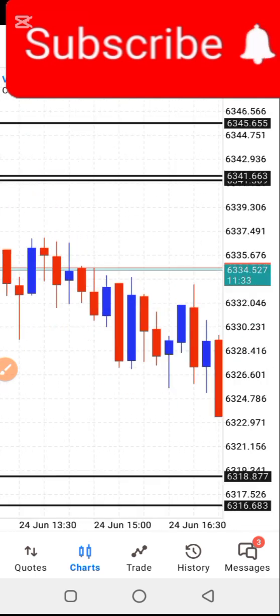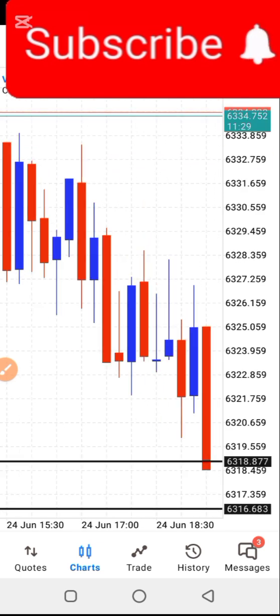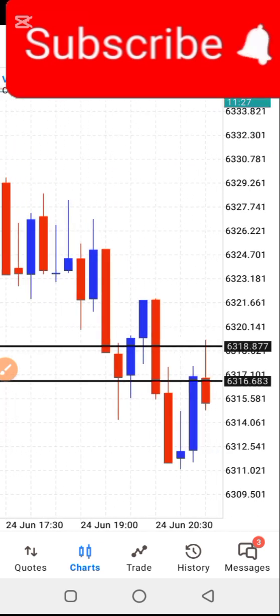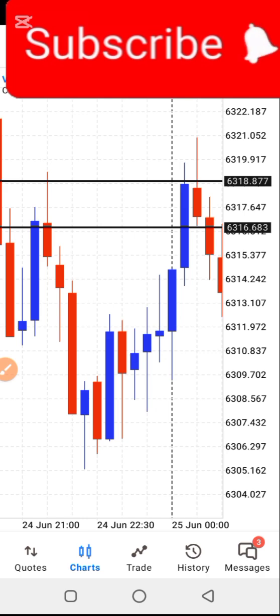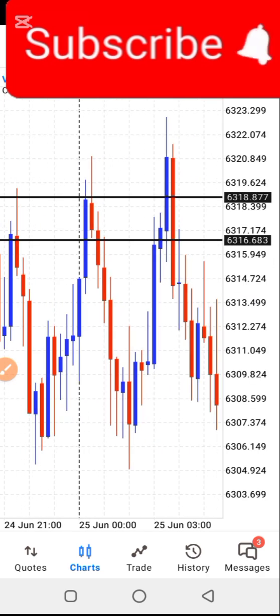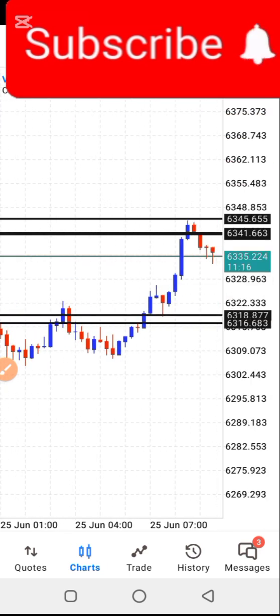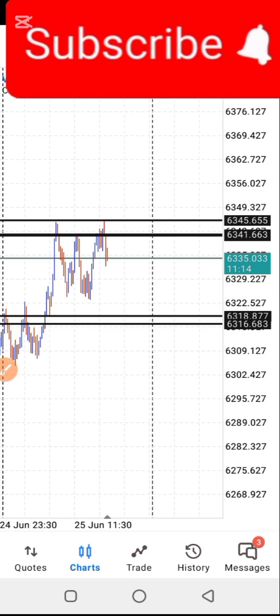Okay, so let's see. Price is pushing downwards. So price is moving down, trying to see if I can get a good liquidity sweep.